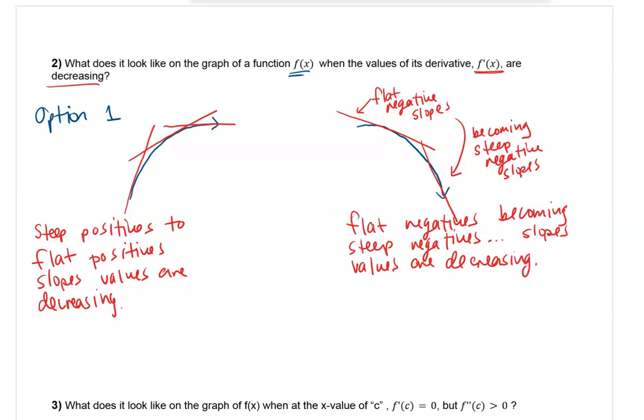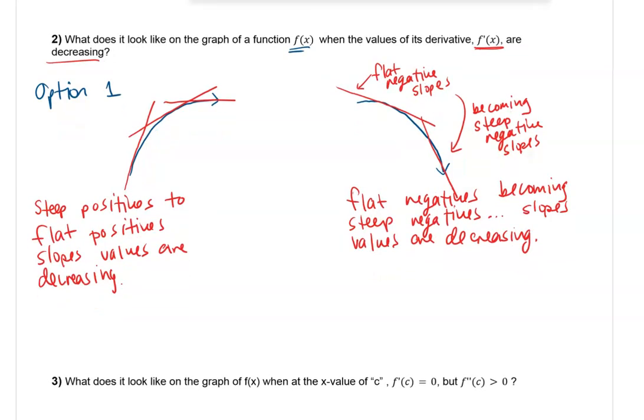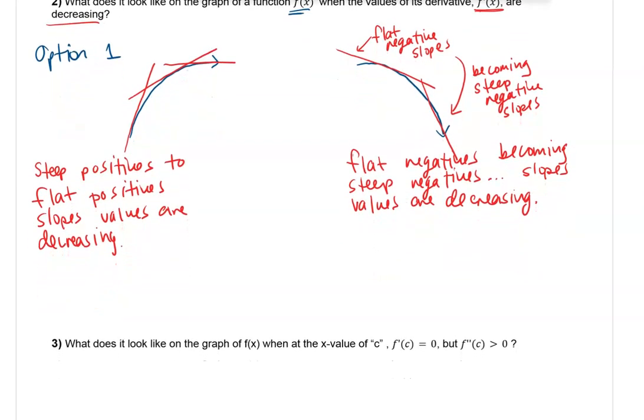Okay, so that's what it looks like if a function is either increasing or decreasing. If I were to put that together and have a function that does both increase and decrease, that would be option 3. That would mean a function could go from a steep positive to a flat positive, and then from a flat negative to a steep negative. It would have to look something like this and go all the way from those steep positives, pass through 0, and end at a steep negative.